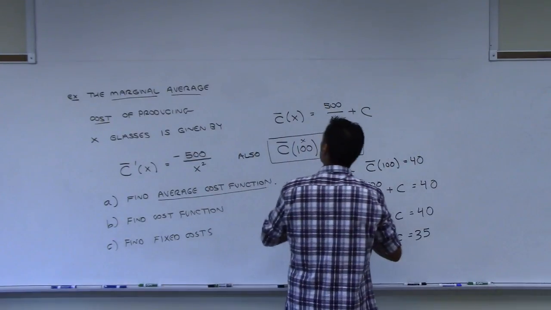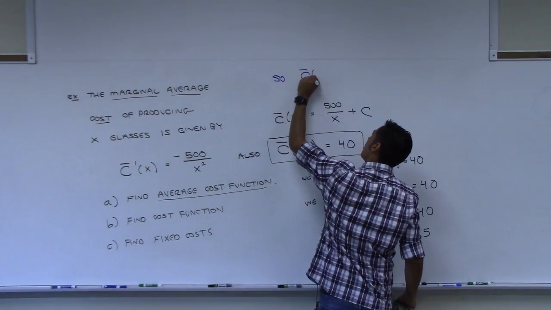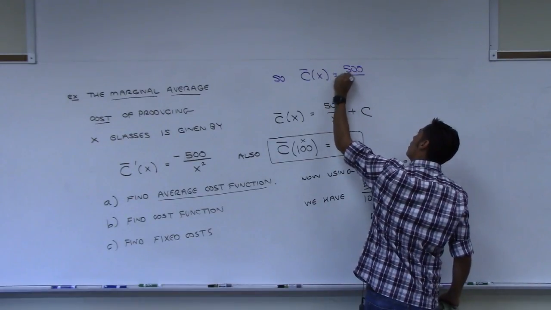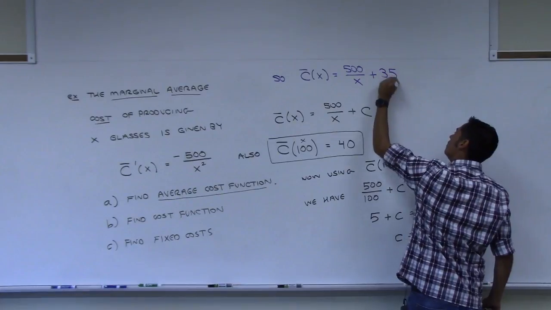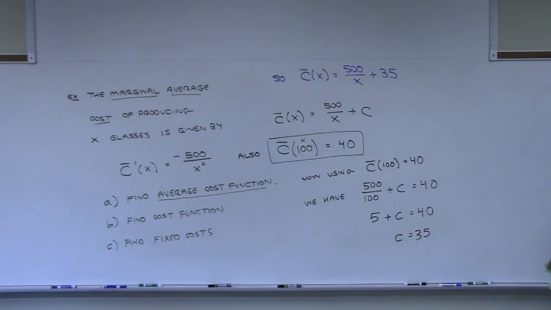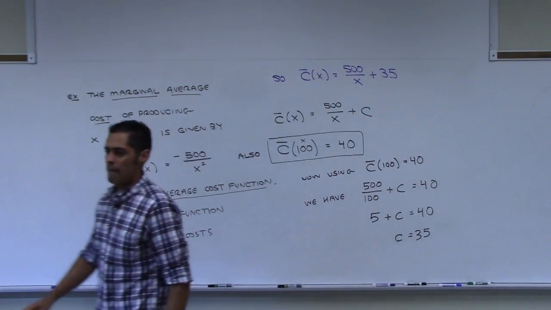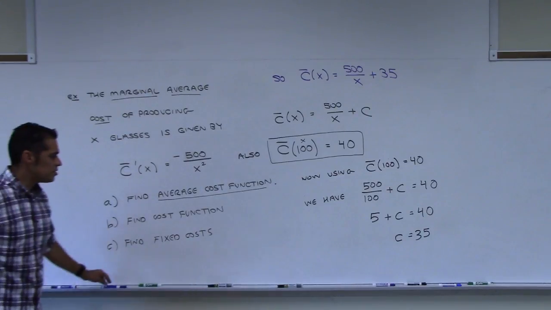So the average cost function is 500 over x plus 35. Y'all agree? Any questions? That's the answer to part A.